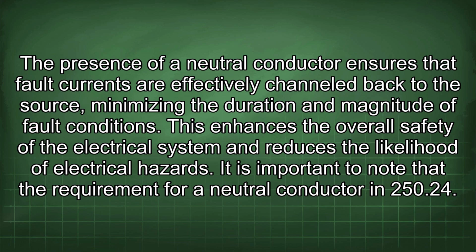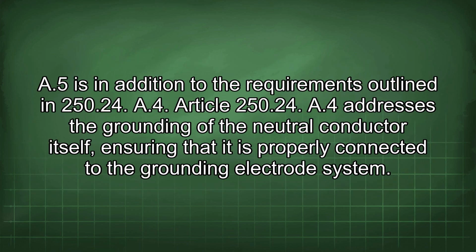It is important to note that the requirement for a neutral conductor in 250.24(A)(5) is in addition to the requirements outlined in 250.24(A)(4). Article 250.24(A)(4) addresses the grounding of the neutral conductor itself, ensuring that it is properly connected to the grounding electrode system.